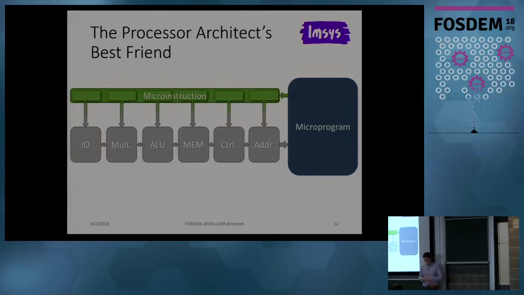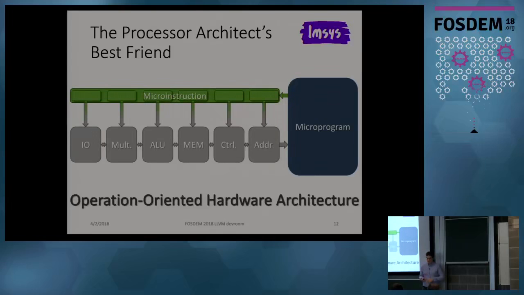So this is a very direct, close control over the features of the hardware. And an architecture which operates by microcode is basically an operation-oriented hardware architecture. Every step inside the processor is directly controlled by the microcode which we develop.